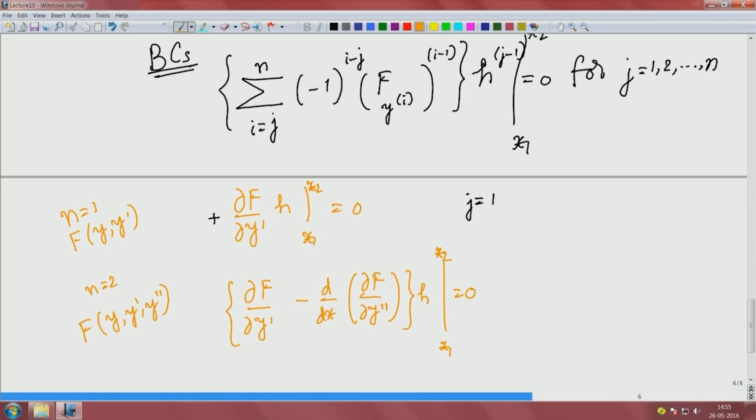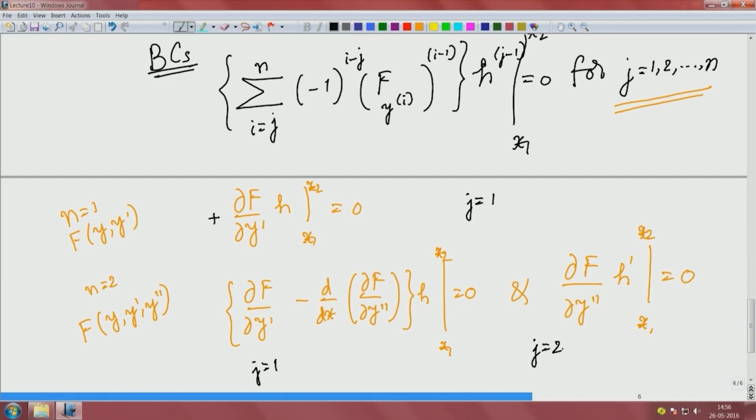But now i goes from j to n. Now, we have to try for j equal to 1 and j equal to 2 as written here. So, for j equal to 1 we get one term, and for j equal to 2 we get another one. That other one is ∂f/∂y'' times h prime, again at the two ends x1 and x2 equal to 0.